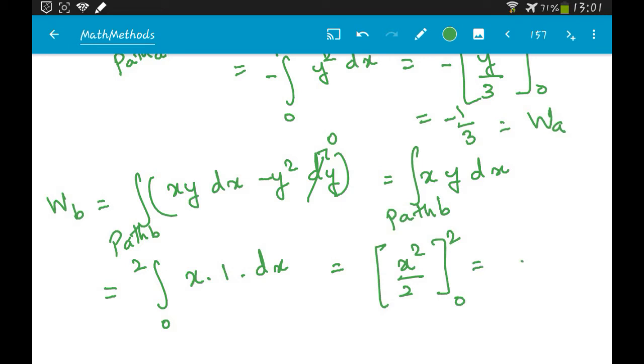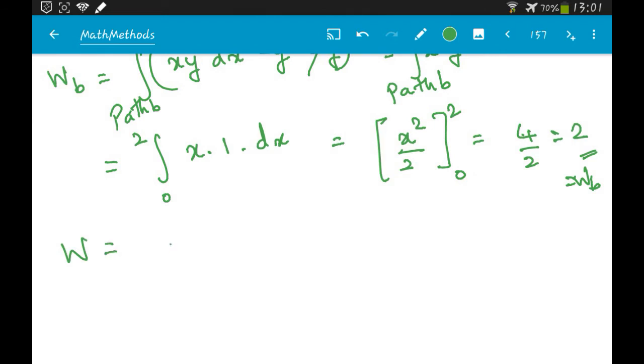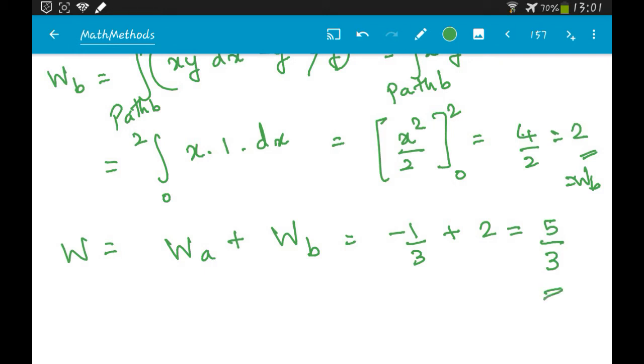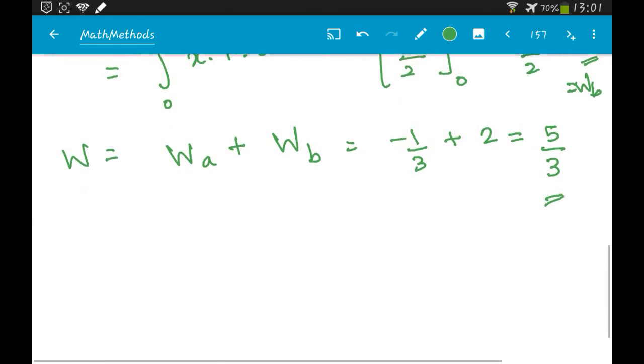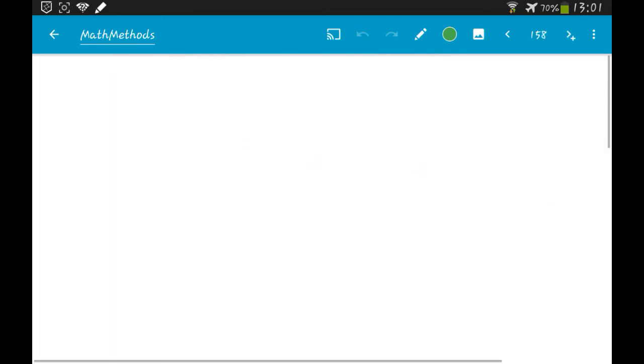So you are going to get 4 by 2, which is 2. So this is your WB. So final W is WA plus WB, which is minus 1 by 3 plus 2, which is 5 by 3. Okay. Alright. Now let's look at path 4.